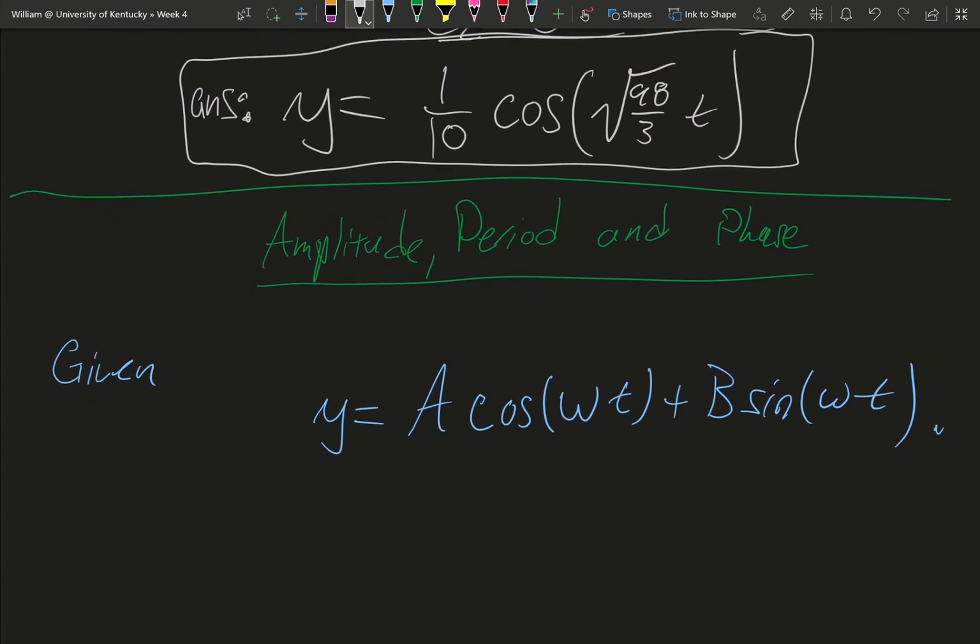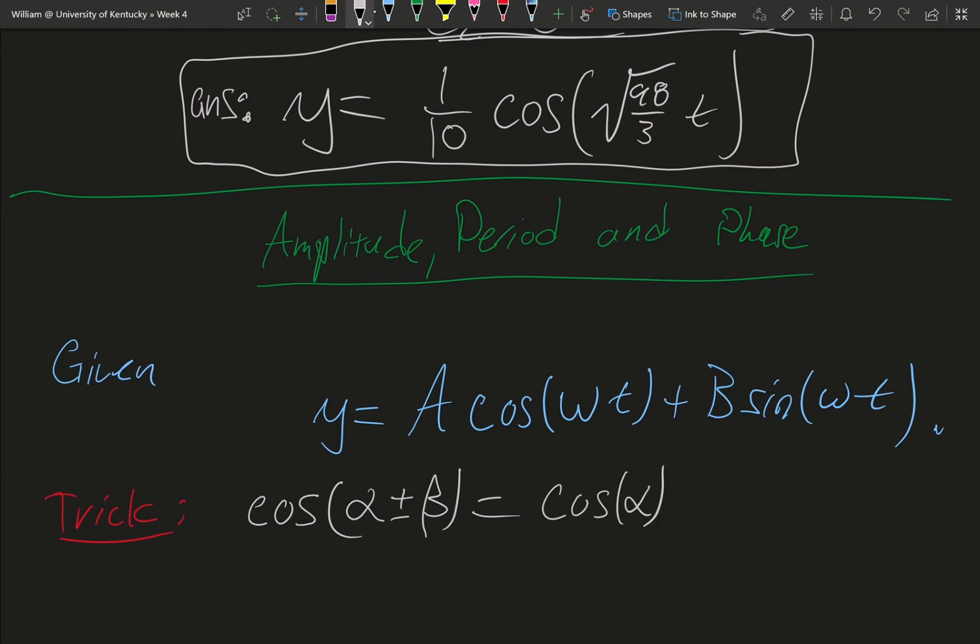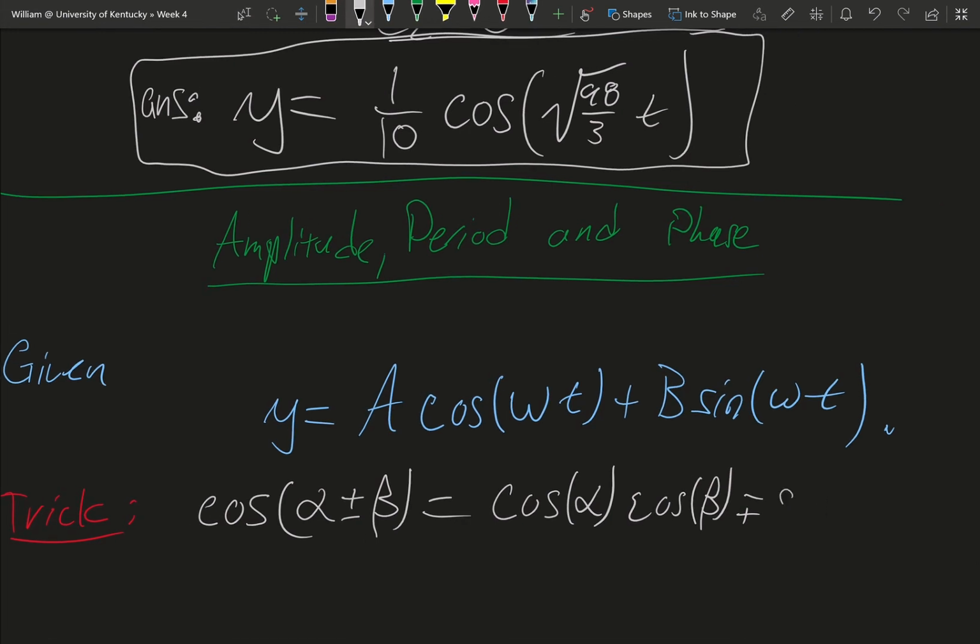So we're going to sort of do a trick here. And really this trick just relies on the following formula. So if I do the sum of angles for cosine, this is my formula.